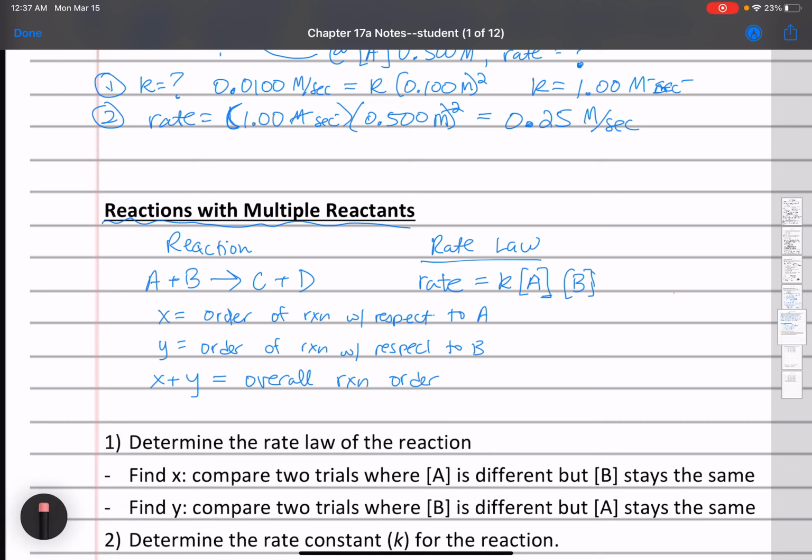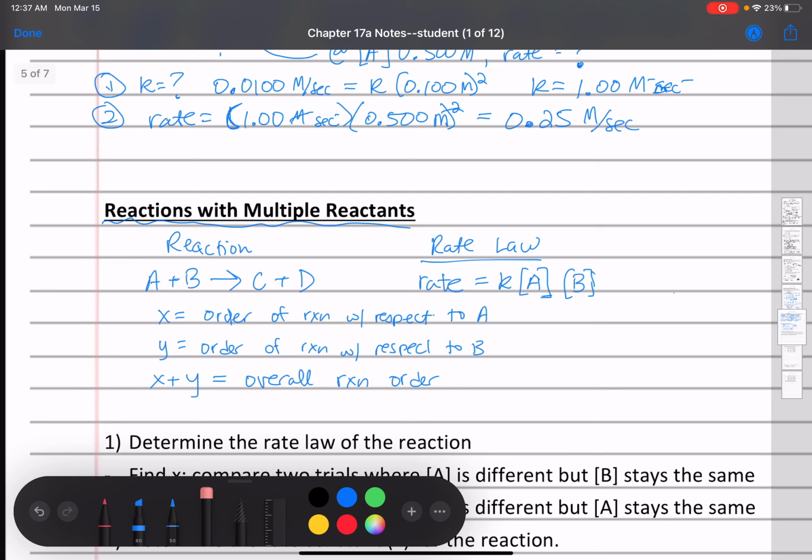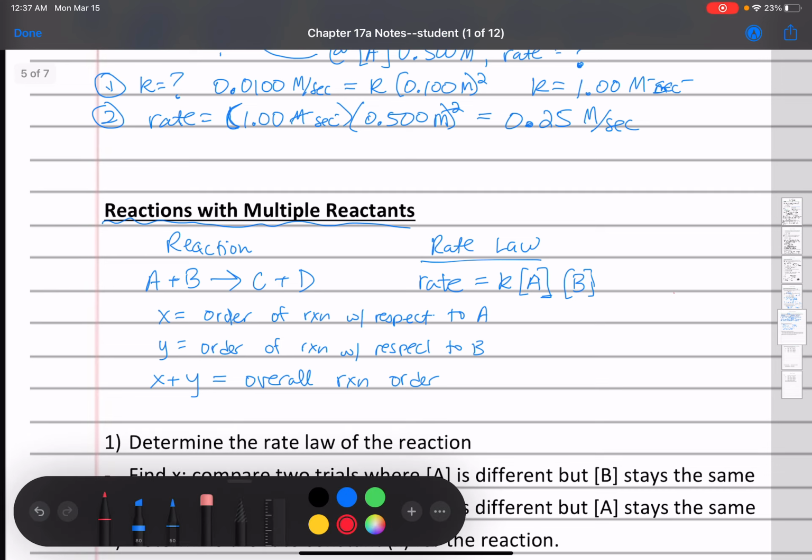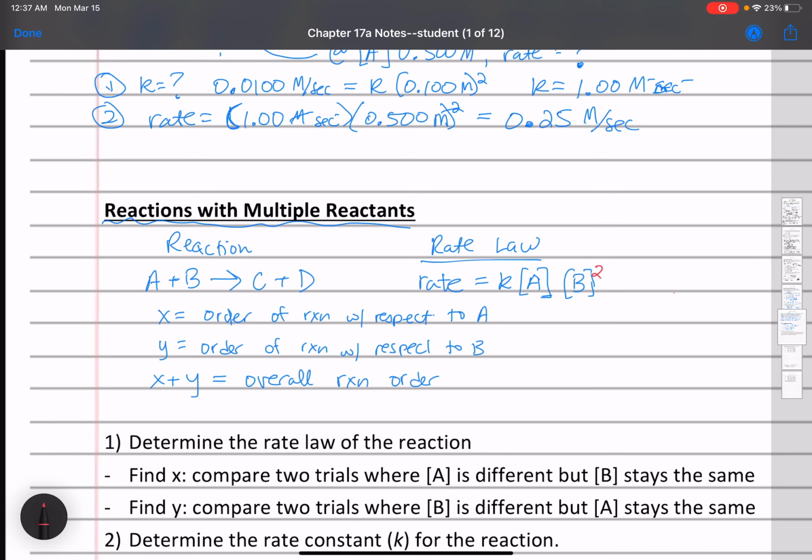If the reaction were this, it would be first order with respect to A. If we have an exponent of 1, we don't usually write it. So if there's no exponent, then that's an exponent of 1.